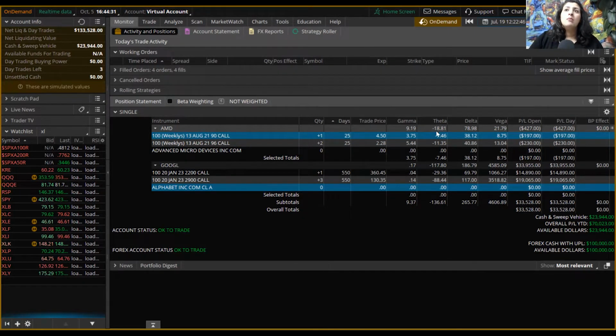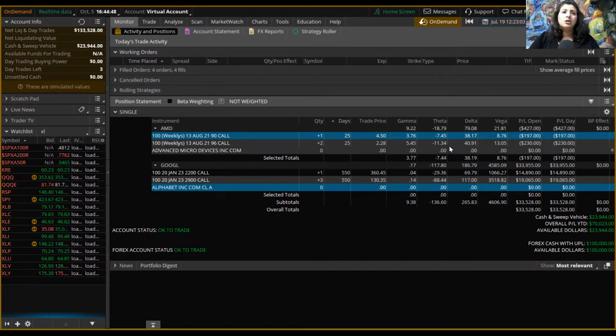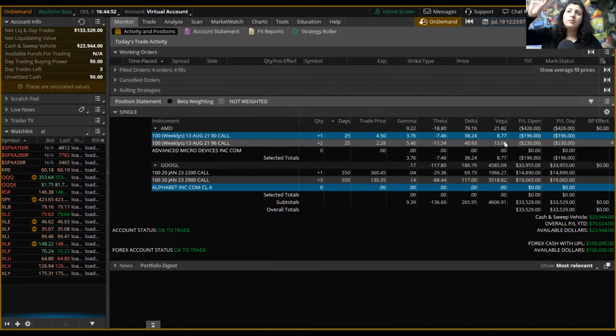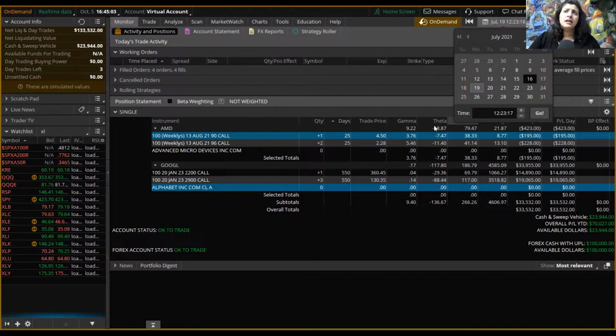So you will start to lose more theta towards the end of your contract, which is why I was saying before, if you're halfway through the contract and price isn't doing what you expected, then you should close the contract, because theta will start to be so negative, and Vega and the other volatilities, which you don't see on the option chain, will also start to drag down the option price. So here you see that the theta is -18 and Vega is 21.